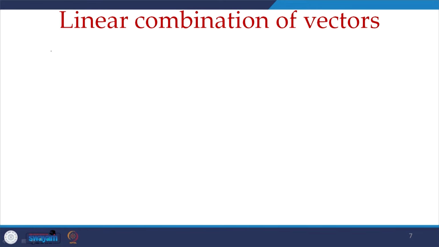Okay. Now, come to the concept of linear combination of vectors. So, consider a set S of, let me say, k vectors v1, v2, ..., vk. So, v1, v2, ..., vk are some k vectors from some vector space.